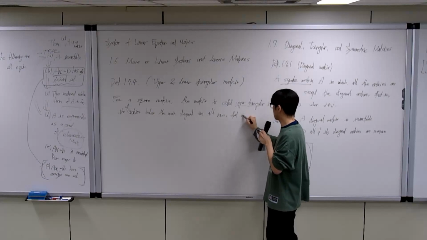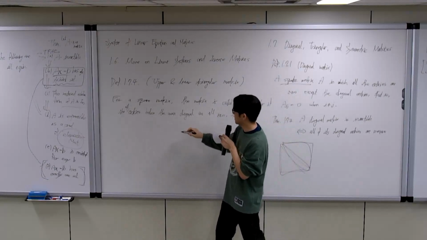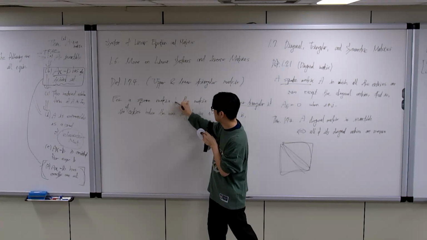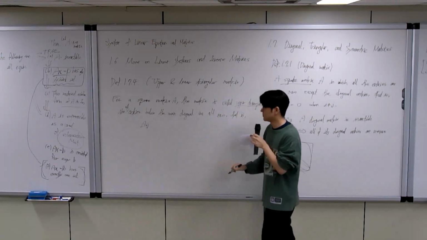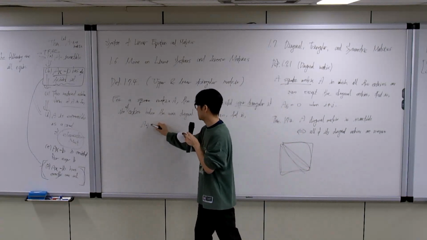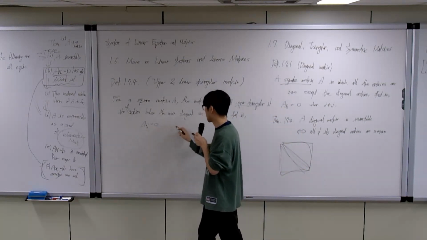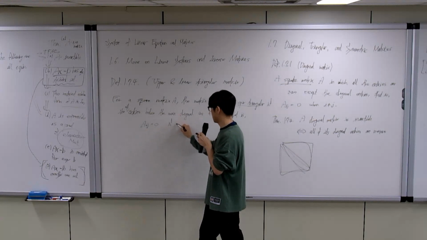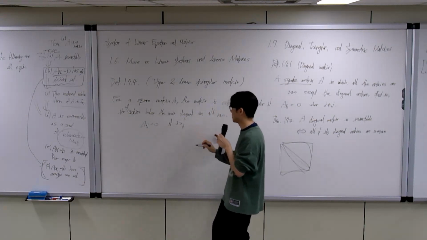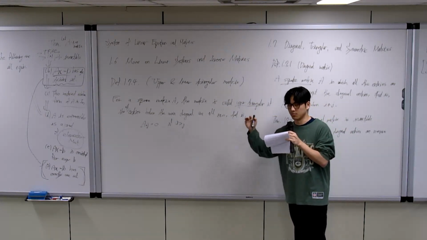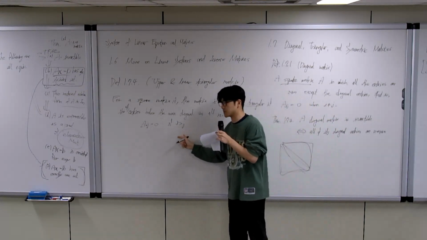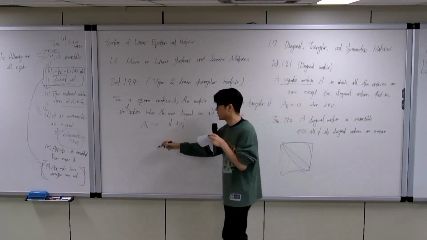It means if we denote the entry by its row i and column j, then if the row number is bigger than the column number, it will be 0.